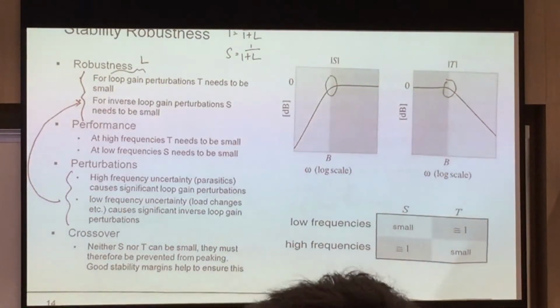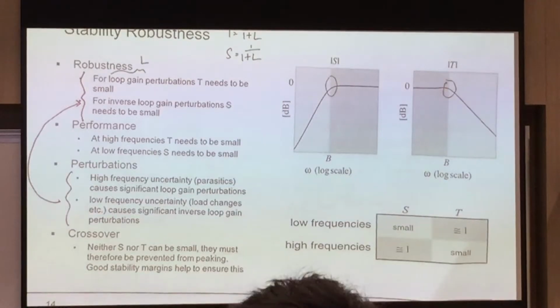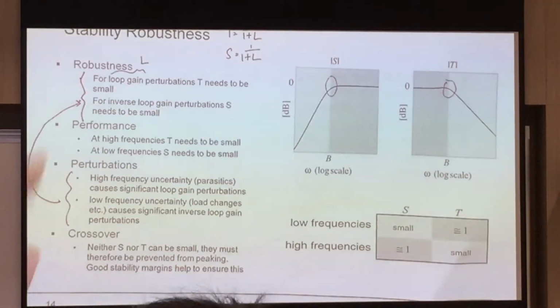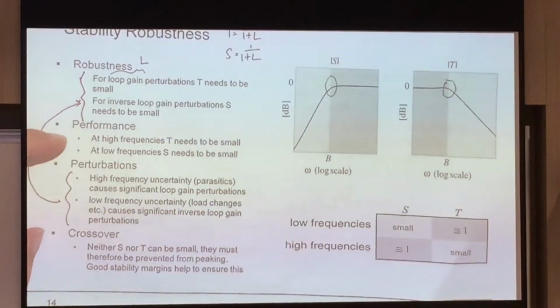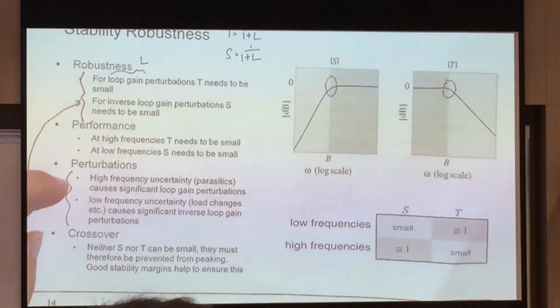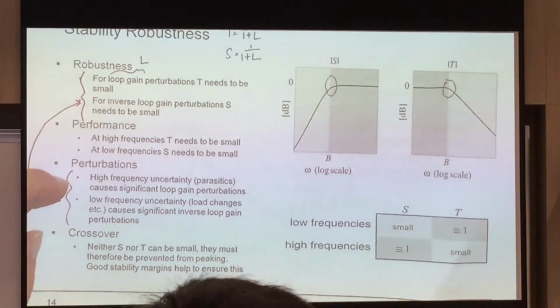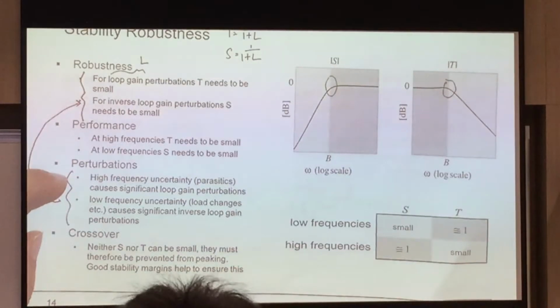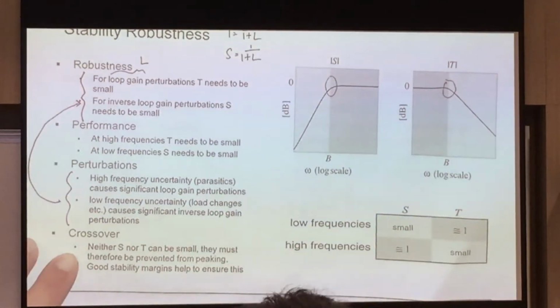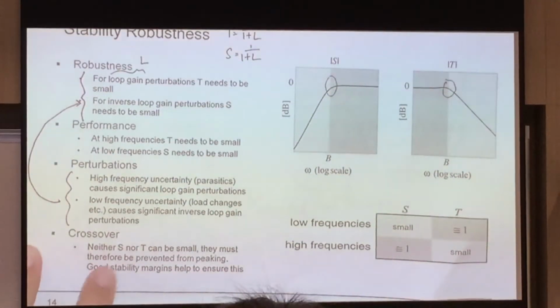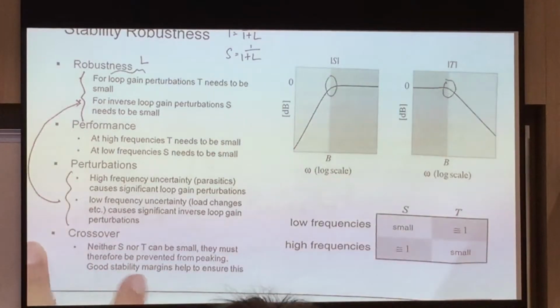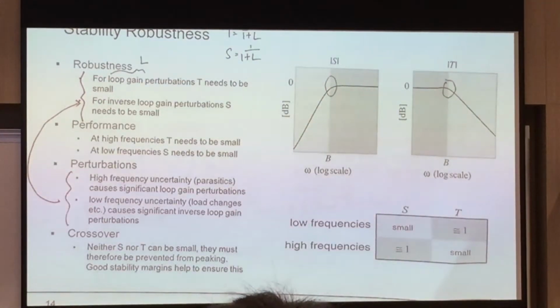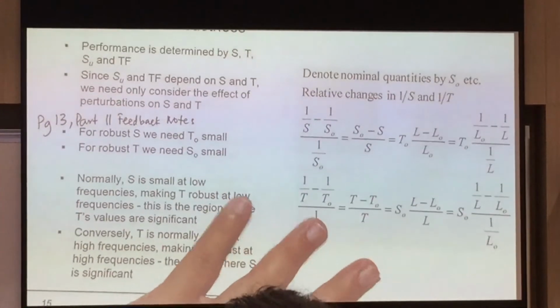I will tell you what the requirements are for robustness and performance when there are perturbations: what is the size of the perturbation allowable, in which frequency range, and at crossover you have to be careful. This is what is actually more important.